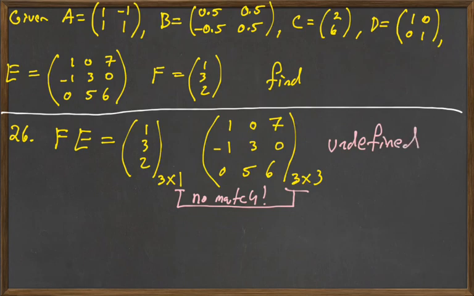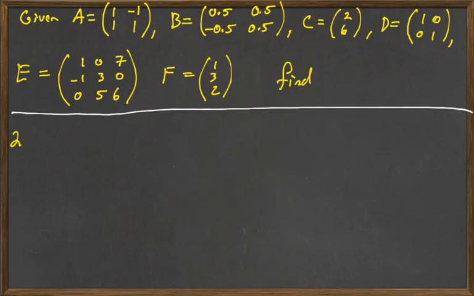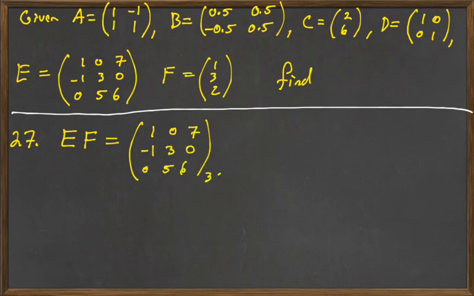So FE is undefined. What about EF? Could we do EF? Let's try it out. So we're going to look at E times F. Matrix E is a 3 by 3 matrix, so we'll go ahead and write that down. Matrix F is a 3 by 1.